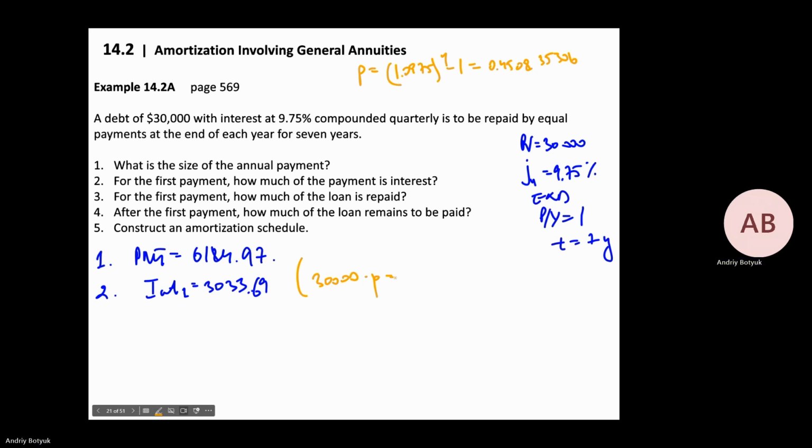Something's wrong. Something is wrong. What is wrong? It's wrong because it's 45%. P is 45%, and it's not realistic. That was wrong, P is wrong.